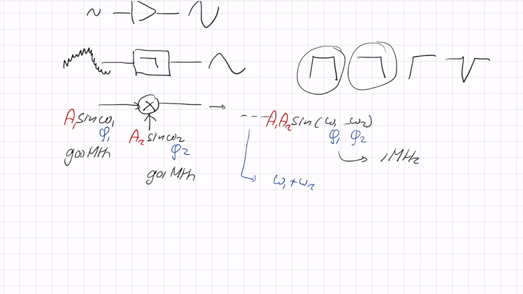So instead of an ADC that has to digest a 900 megahertz signal, that's very big, very high frequency, I only need 1 megahertz now. So that's 2 orders of magnitude less in frequency, and that means 2 orders less power in my analog to digital converter. So that's very helpful. So now let's have a look at the block diagram of a modern receiver.